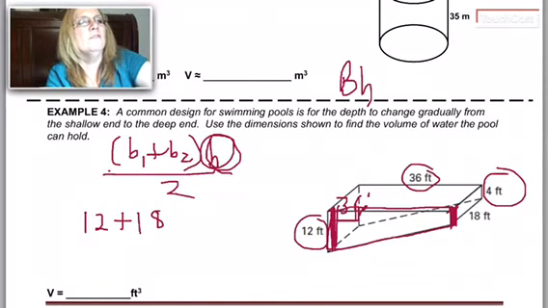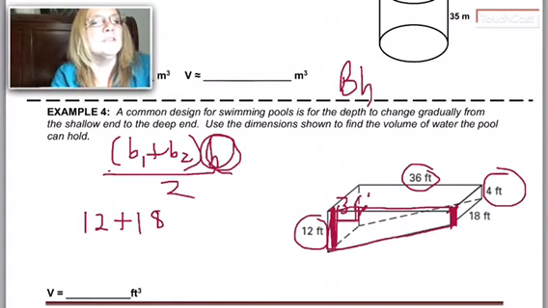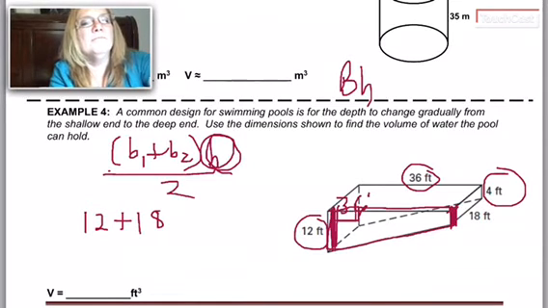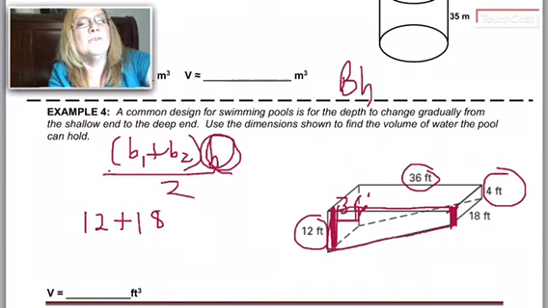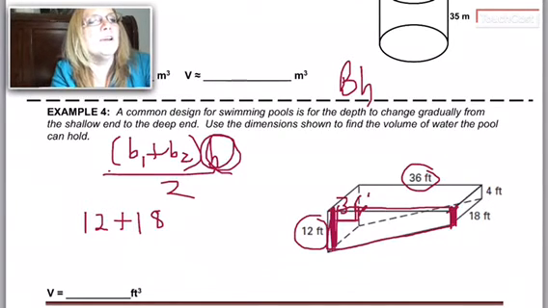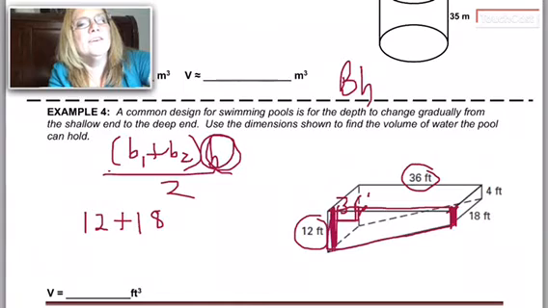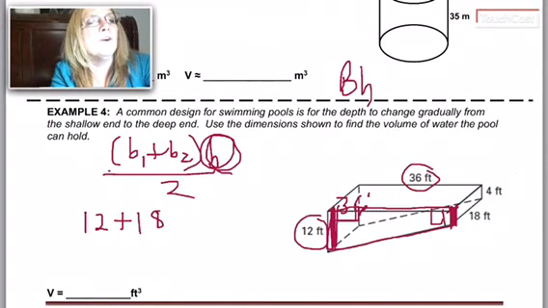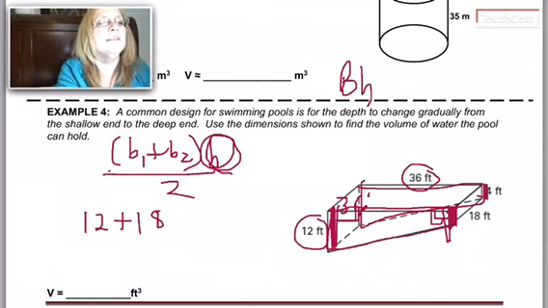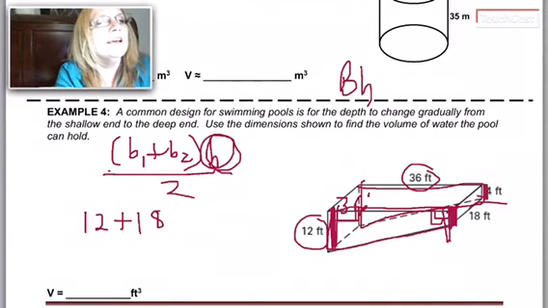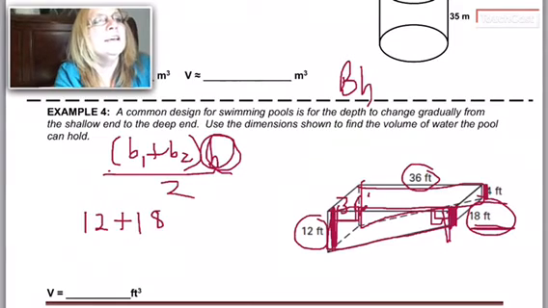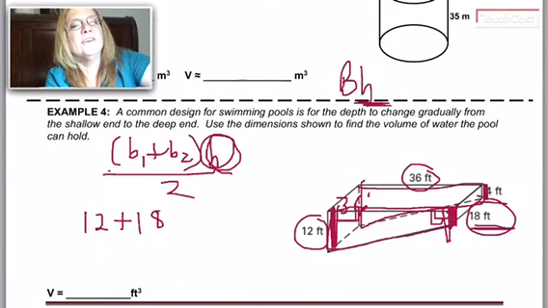So here's 12. I'm sorry, not 8. I said that backwards. Let me fix that. I'm sorry. Let me erase real quick. Okay, this 4 here is actually the 4 here. I'm sorry. See, this 4, if we look at this here, okay, this is the 4. So that means that the one that we haven't used yet is 18. So this 18 is the height of the prism itself. Okay, so let me fix this here without having to start my video over.